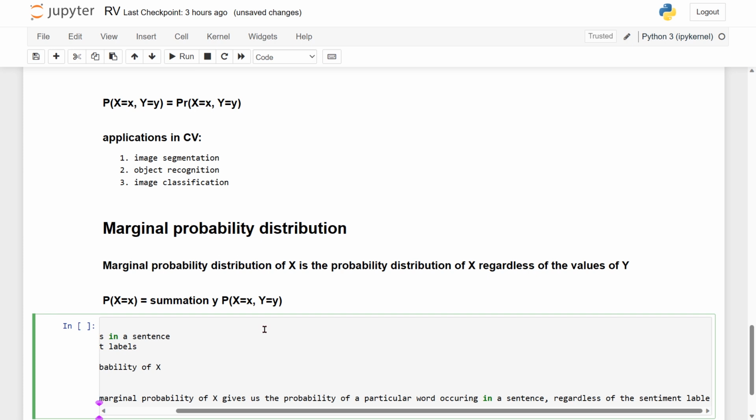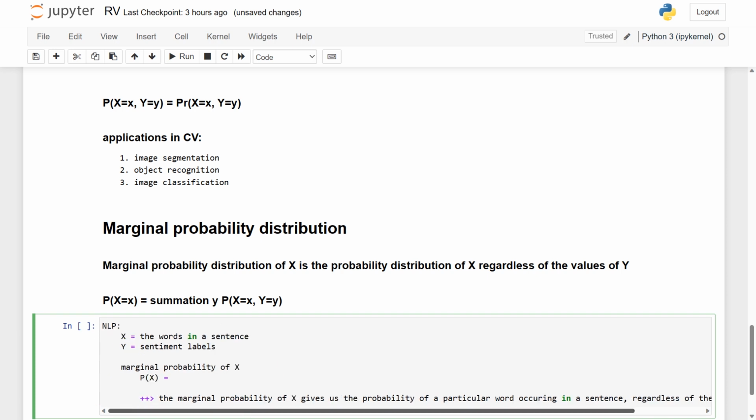I'm repeating this because it's marginalized over the random variable Y. But when it comes to the joint probability, it gives you the joint probability. When it comes to the marginal probability, irrespective of the sentiment labels, it gives the probability of the respective word occurring. That's your marginal probability in a nutshell.